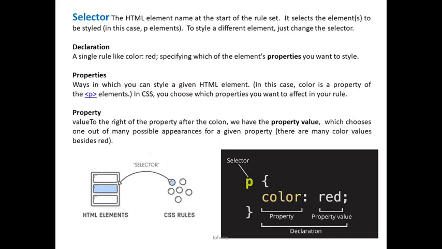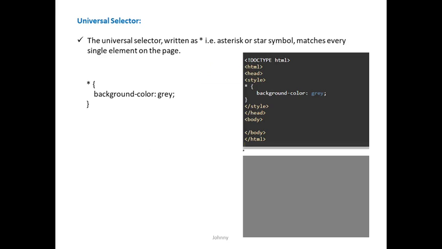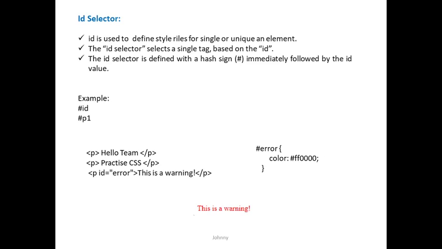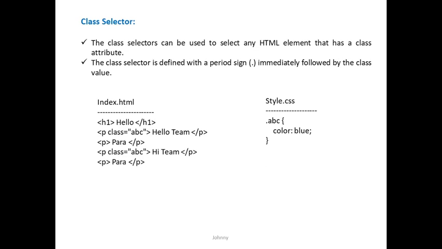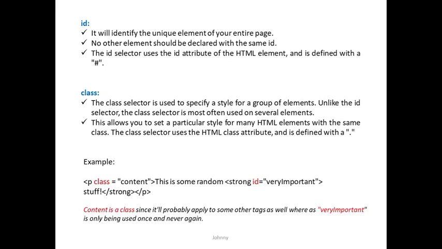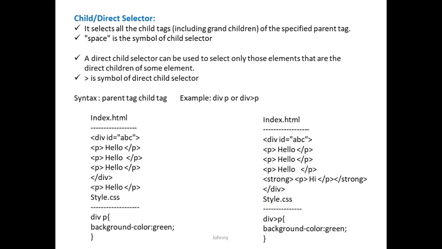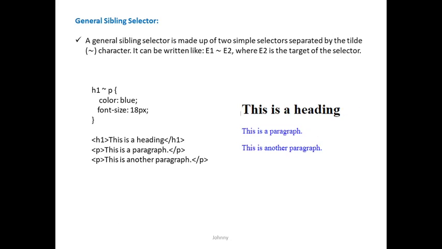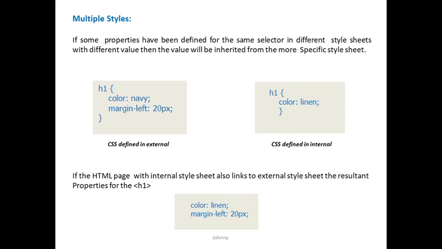Selectors: universal selector, tag selector, ID selector, class selector. ID selector has higher priority when compared to class. Child selector, adjacent sibling selector, general sibling selector, grouping selector.